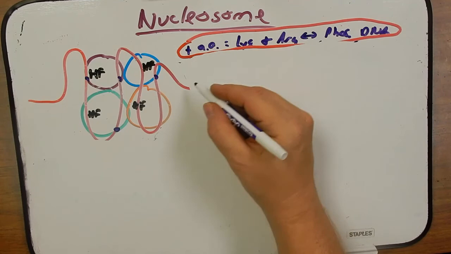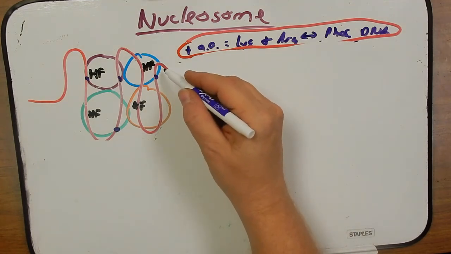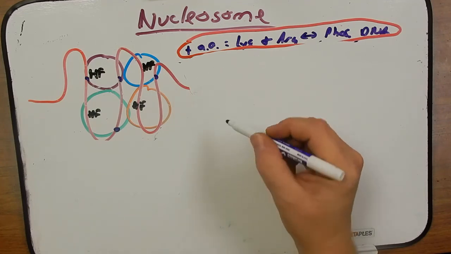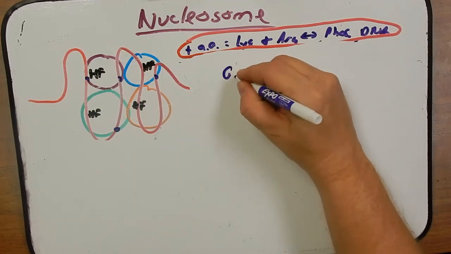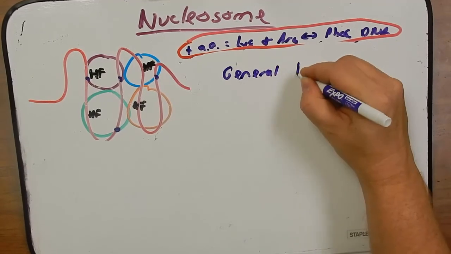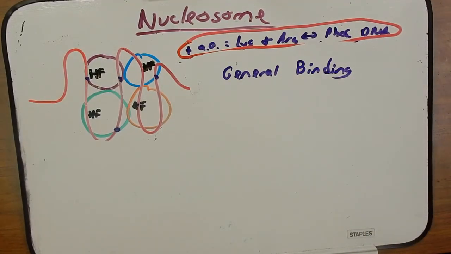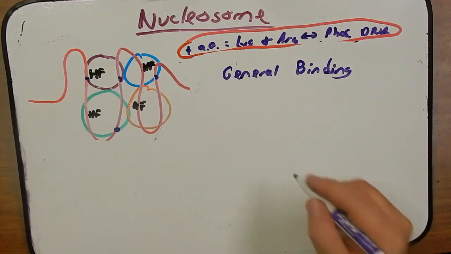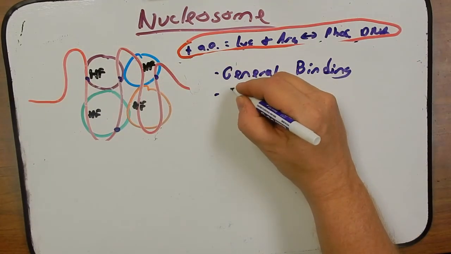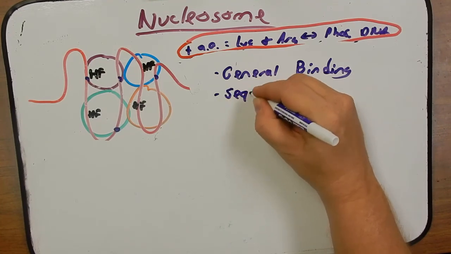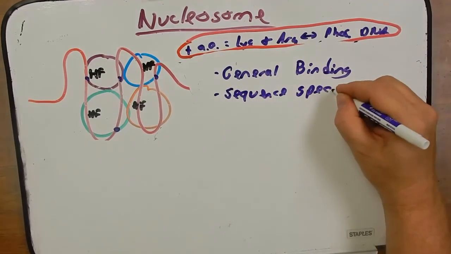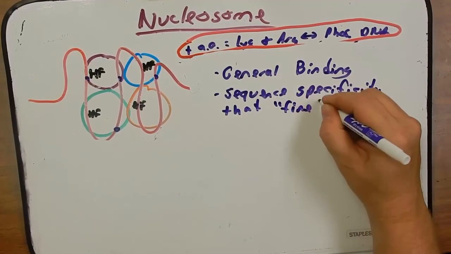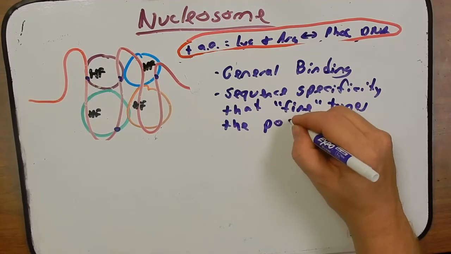Though there are some who say, and there's some evidence to support this, that this interaction with the DNA phosphate backbone provides a kind of general binding, meaning that this interaction is really important to get the histones here and get them in the proper position, but perhaps there is a sequence specificity that sort of fine-tunes the positioning of the histones.